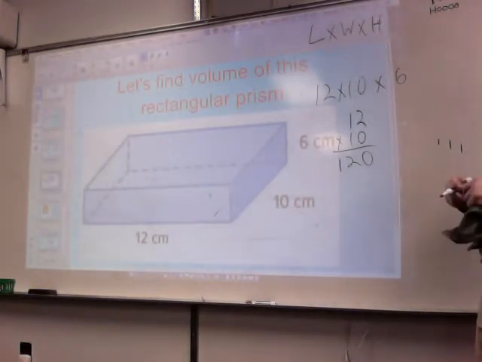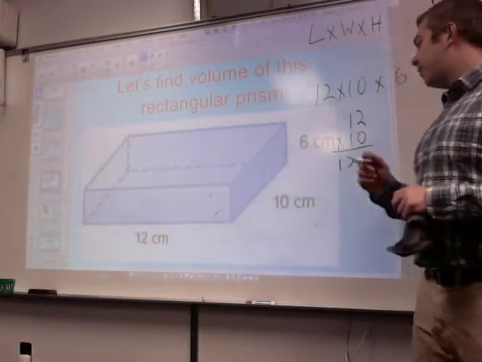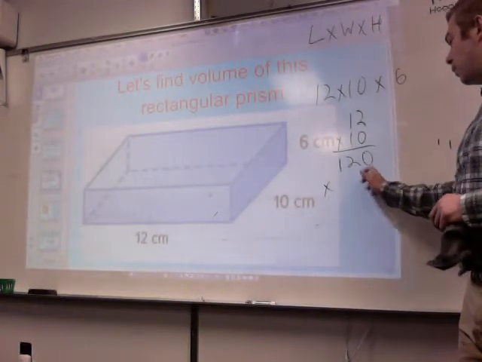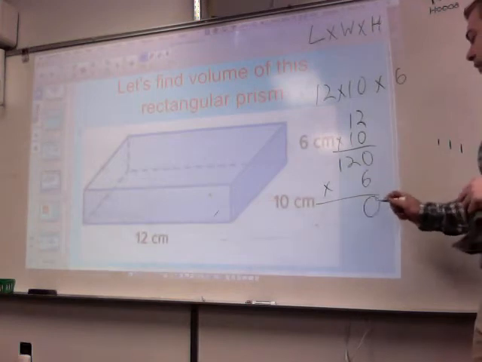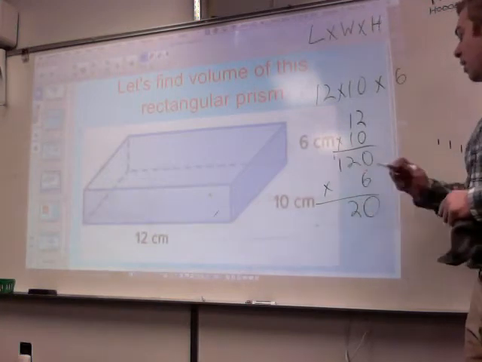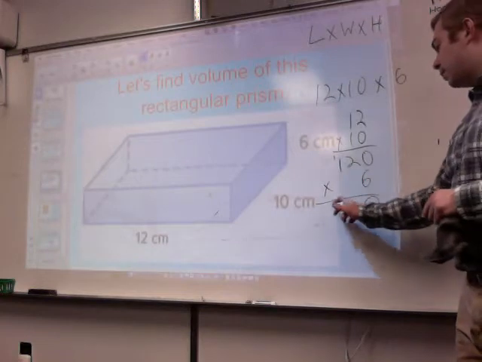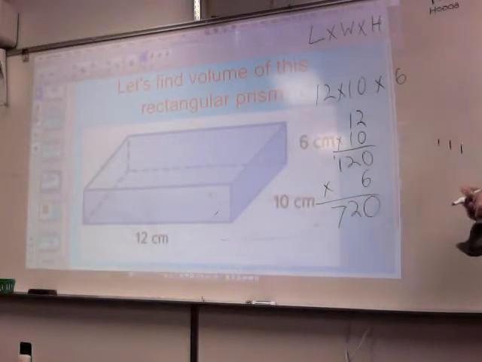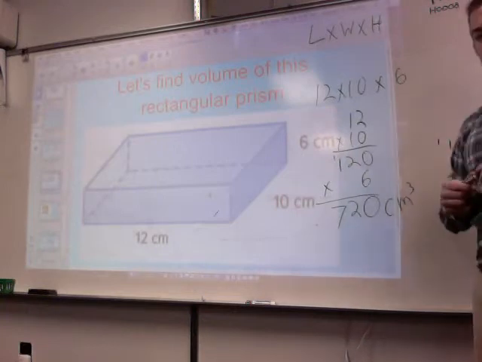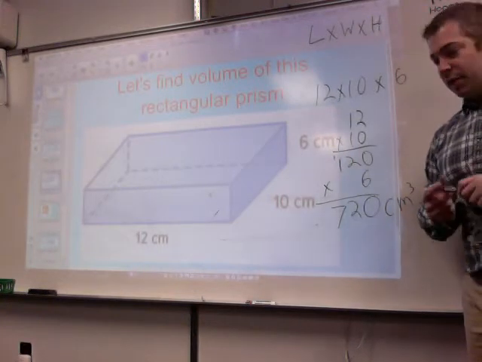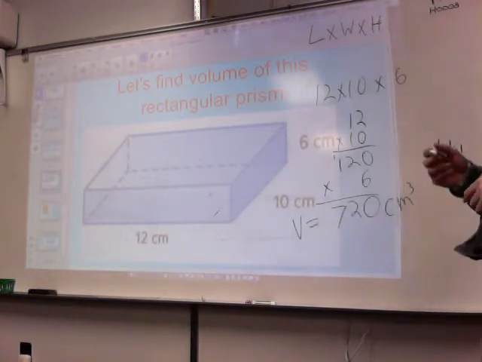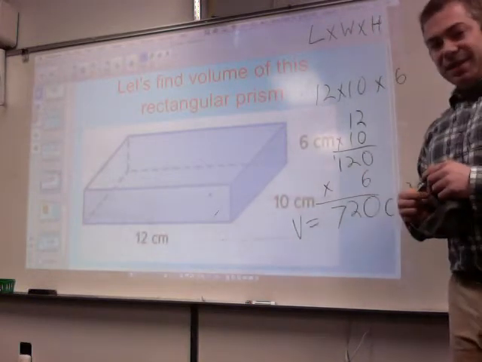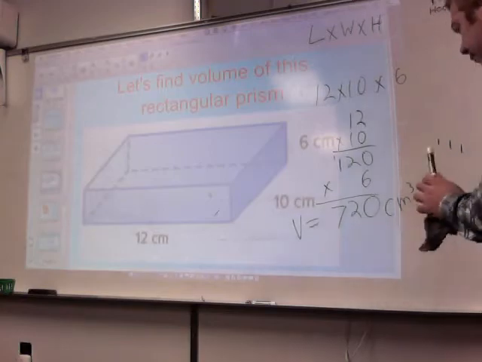Now we have to take that area of our base and multiply it by our height. 120 times 6, here we go. 6 times 0 is 0, 6 times 2 is 12, and 6 times 1 is 6, plus 1 more equals 7. 720 centimeters cubed, or 720 cubic centimeters is the volume. So volume of this rectangular prism is 720 centimeters cubed. Okay?